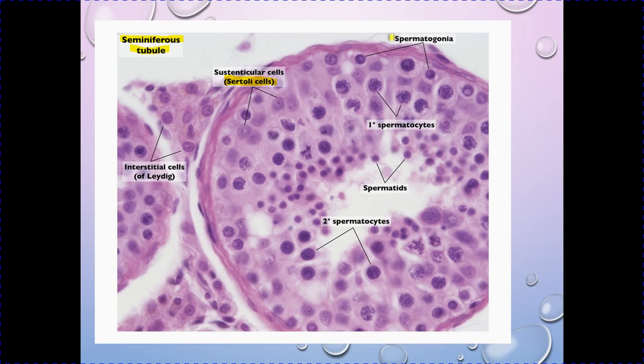The immature ones are called spermatogonia. They divide to form primary spermatocytes. They further replicate meiotically to form secondary spermatocytes, and they finally form the spermatids. The spermatids lose their cytoplasm, modify and transform into the sperms.